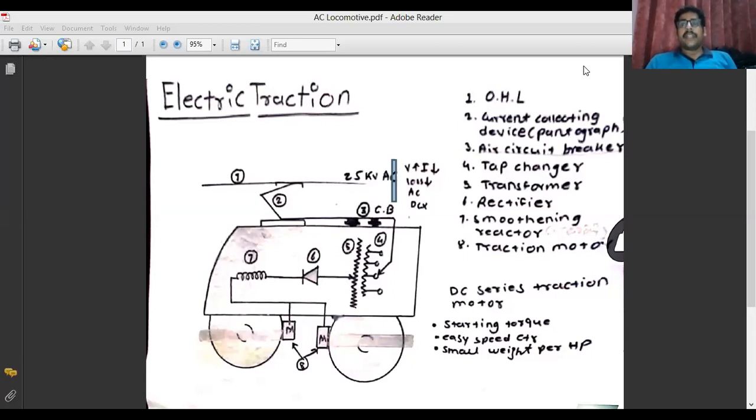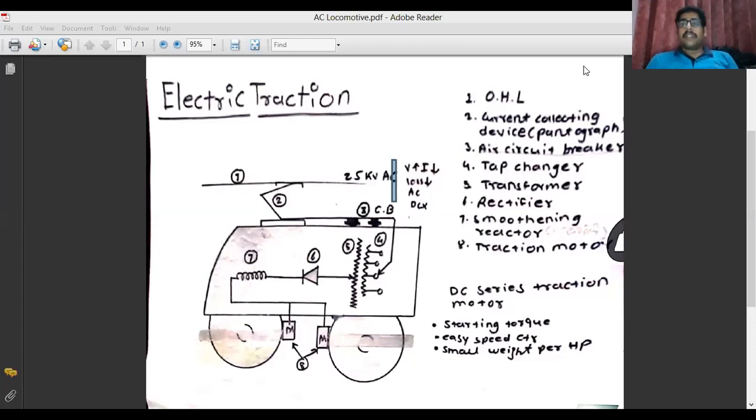We are here using a tap changing transformer, which, depending upon our utility, can step down a high voltage into a low voltage. As we know, a transformer is a device which works on AC. So in this tap changer transformer, your incoming supply will be AC, but at a high level.